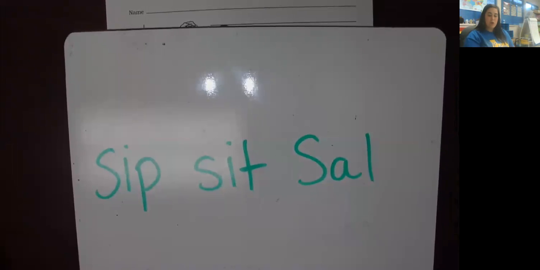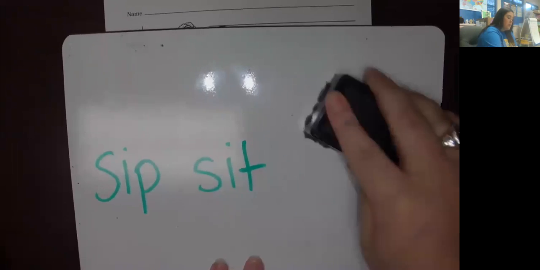Now I'm going to show you some different words, but first I'm just going to say them. What sound do you hear at the end of these words? Listen for the last sound you hear.